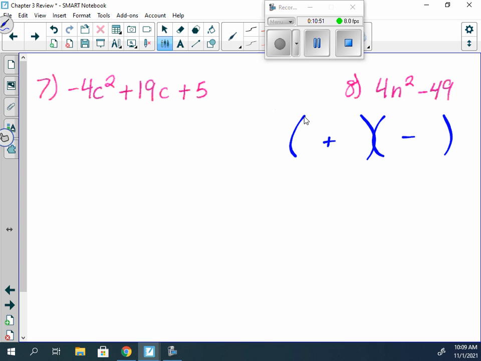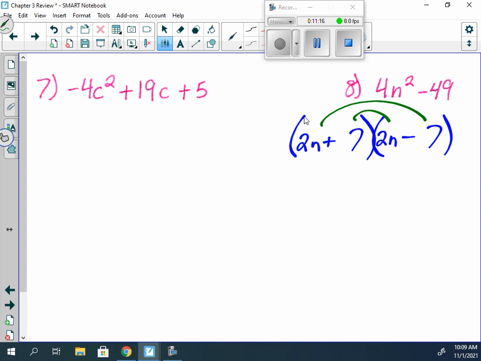So the signs are automatically going to be opposite. And we said what times itself was 4n squared? 2n, 2n. 49 is 7 times 7. The difference of perfect squares formula really is a squared minus b squared is equal to a plus b times a minus b. And we could have worked it out the same way we do normally.